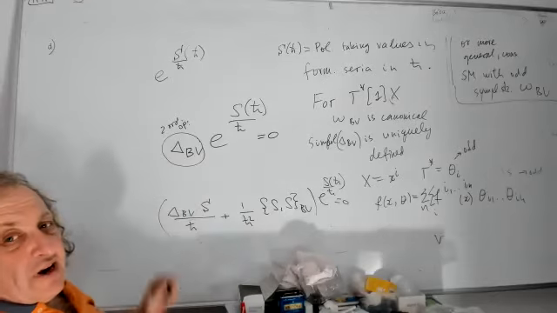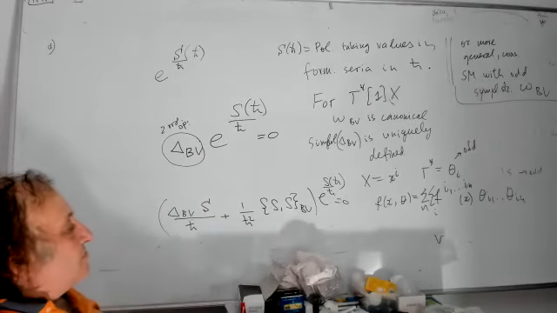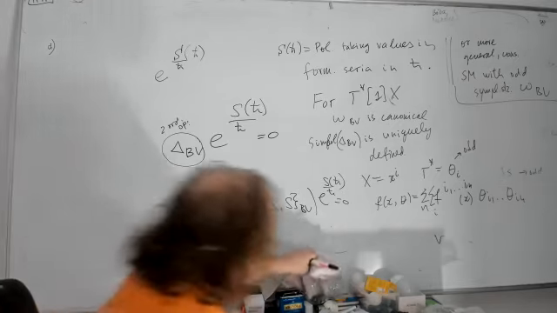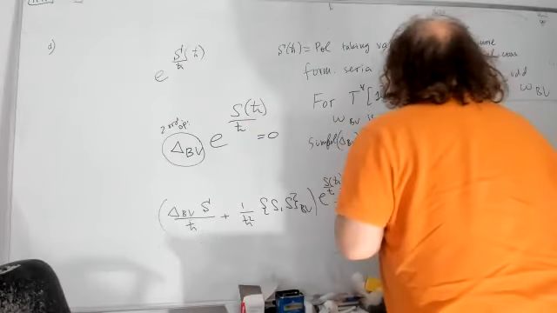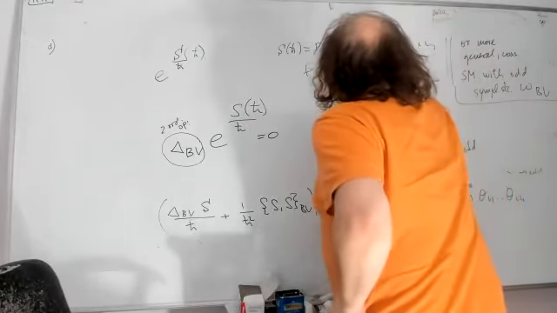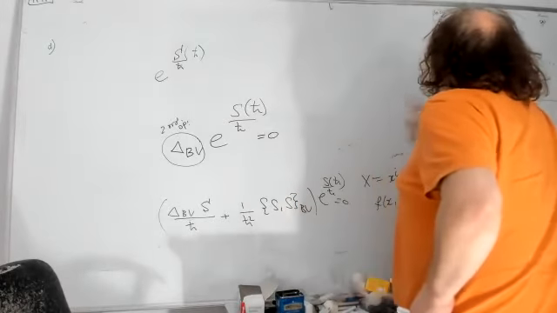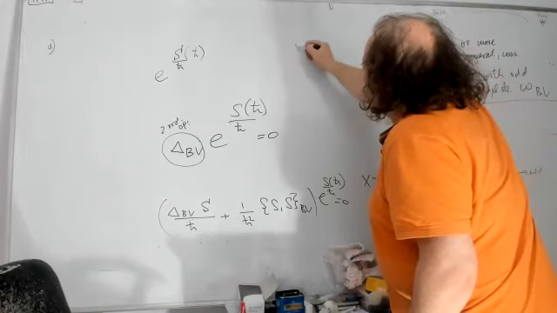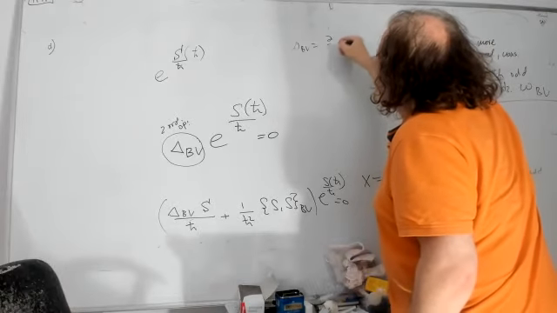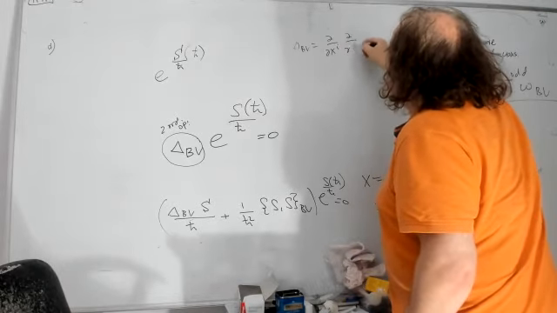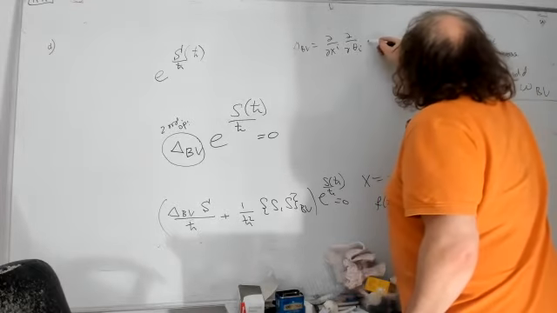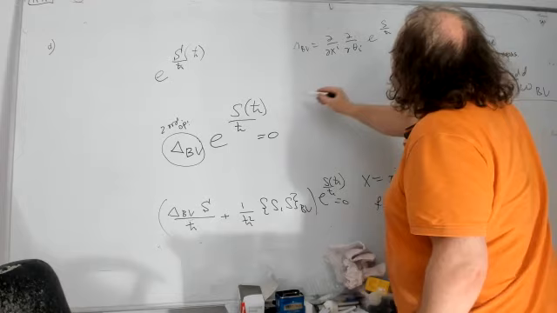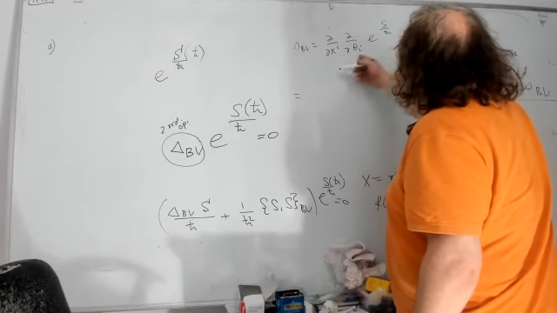So how do we actually get it? Let us make the computation. Delta BV is d over dx^i, d over d theta_i. Let us apply it to e to the S over H. Let us take the first derivative.